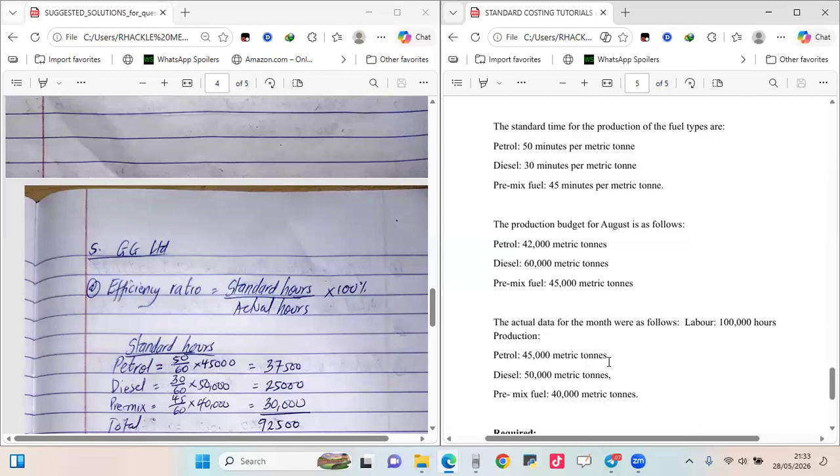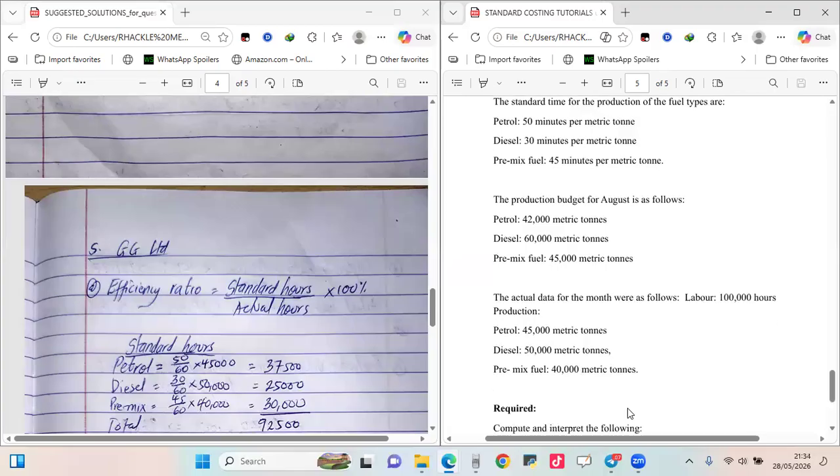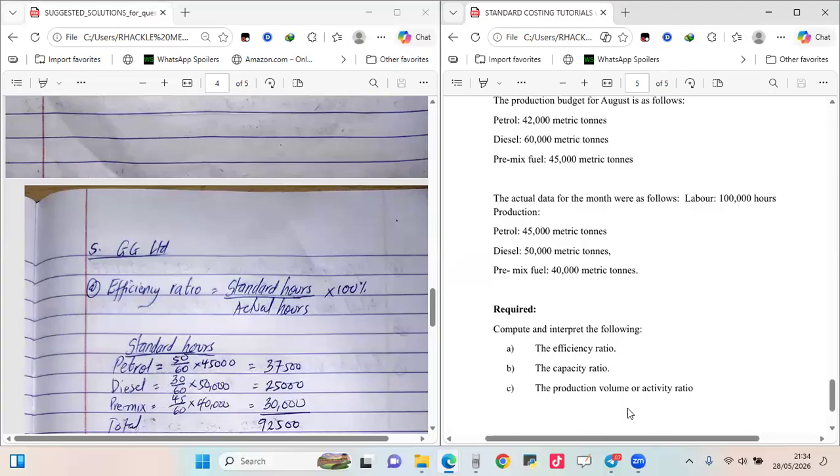So the actual production here is 45,000, because the actual data for the month was 45,000 metric tons, 50,000 metric tons, and then 40,000 metric tons. And we are required to compute the efficiency ratio, the capacity ratio, and then the production volume ratio. Now, the efficiency ratio is given by the formula, the standard hours divided by the actual hours times 100%, right?